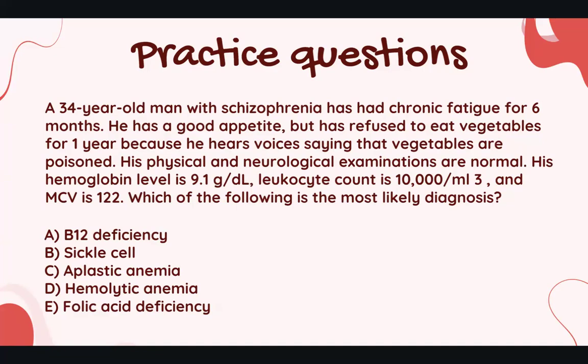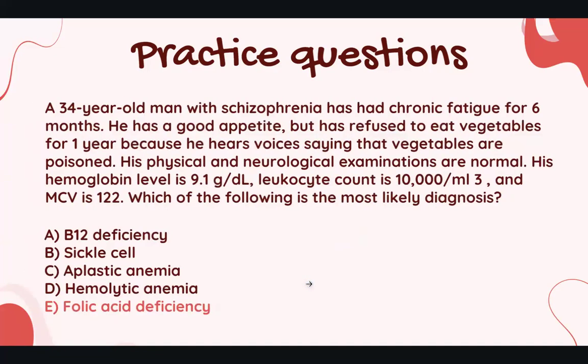So MCV is macrocytic, so it's either B12 or folic. Yes. And also, because he refused to eat vegetables, I'm pretty sure that folate comes from vegetables. Yes, so A. Yes, exactly. Good job. So if we go back, this is the answer.